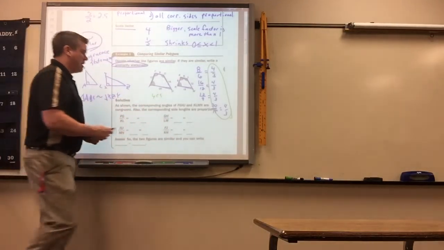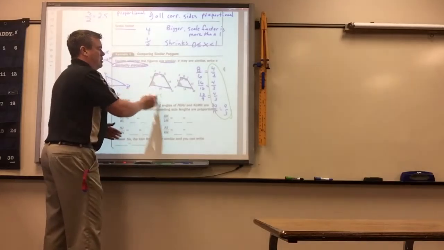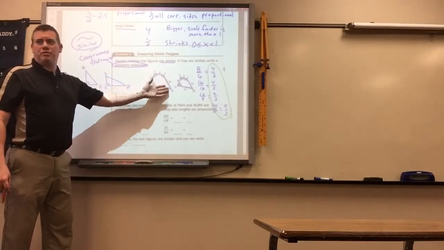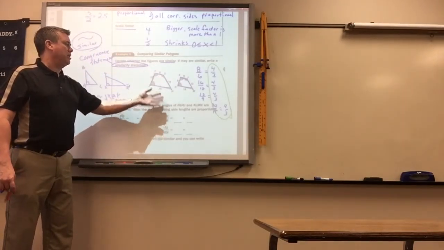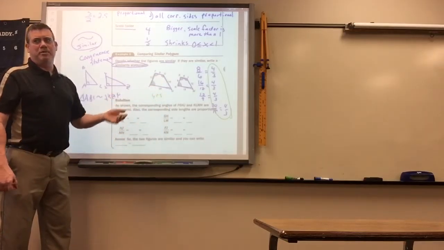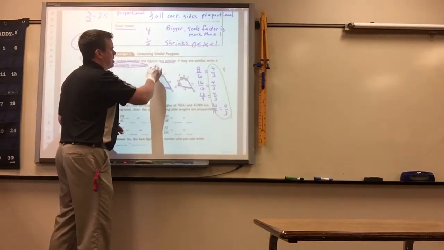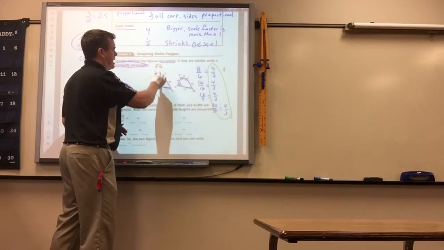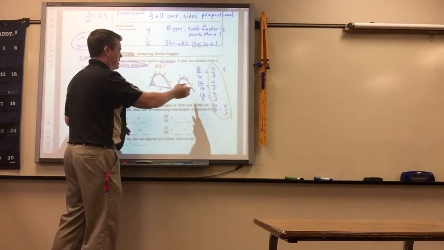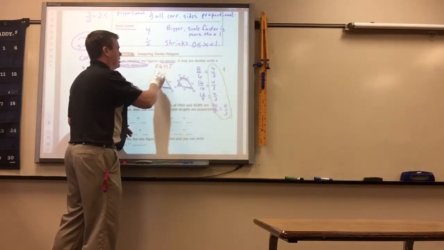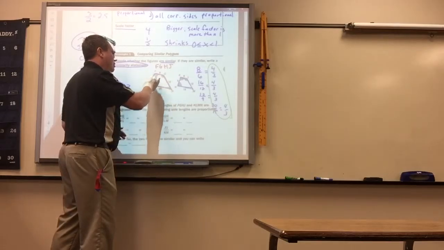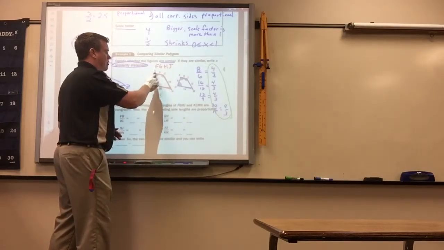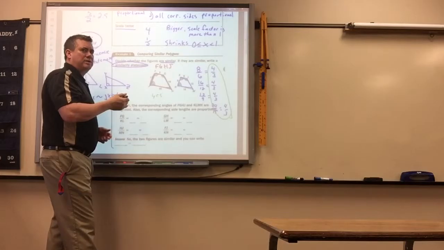And then the scale factor, it doesn't matter what you do with the first one. You can start anywhere. Usually we go alphabetical, but it wouldn't be wrong if you didn't. So I would just call this FGHJ. I just went this way. You could call it GHJF or FJHG, whatever you want.